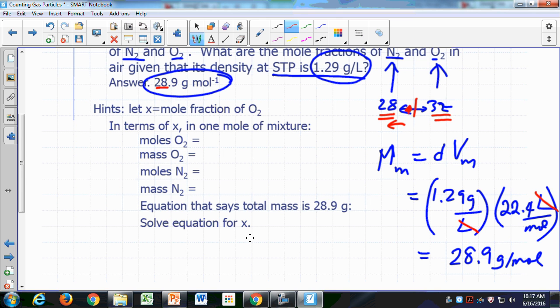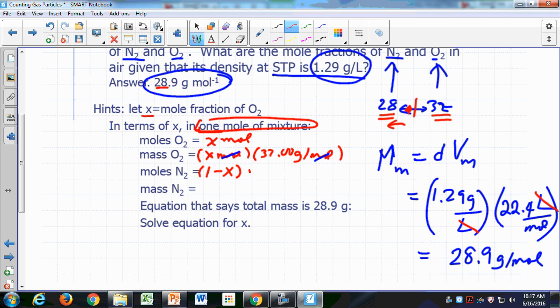Let's say X is the mole fraction of O2 and you have 1 mole of mixture, then moles of O2 would be X. The mass of O2 would be X moles times 32.00 grams per mole. And if the total mixture has 1 mole of gas particles, then moles of N2 would be 1 minus X moles.